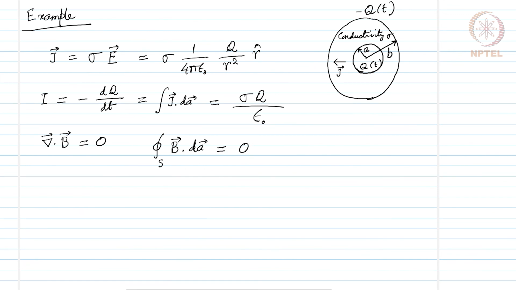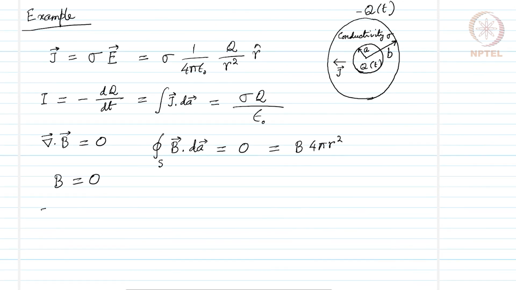Now, if B was uniform over the surface, then the integral would be B times 4 pi r squared. For this to be 0, B must be 0 in this case, otherwise this integral cannot be 0. So, how could B be 0 in this situation? There is a current, so current should develop some magnetic field, but there is no magnetic field here.